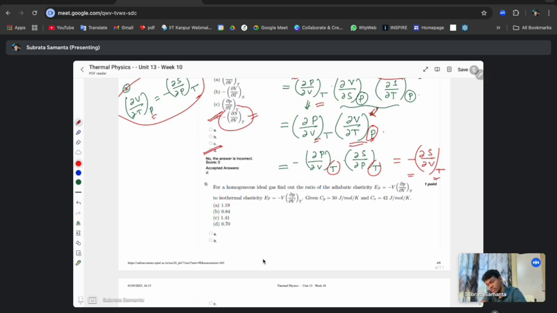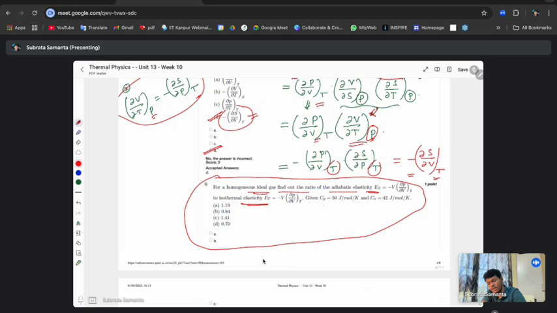So the next question is: for a homogeneous ideal gas, find out the ratio of adiabatic elasticity and isothermal elasticity, where Cp and Cv are given. I hope that you know what the ratio is: Es over Et, the adiabatic elasticity over the isothermal elasticity. Let us derive this.